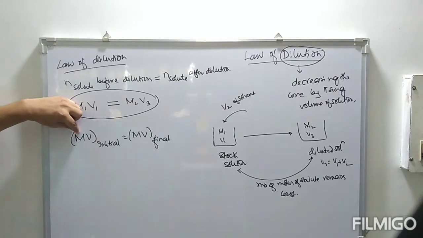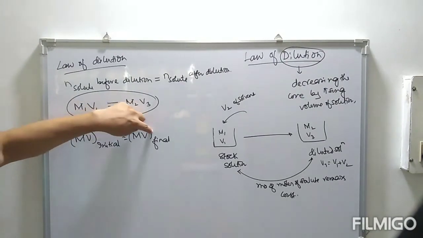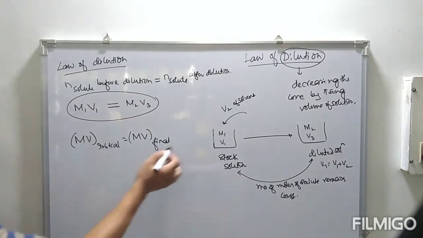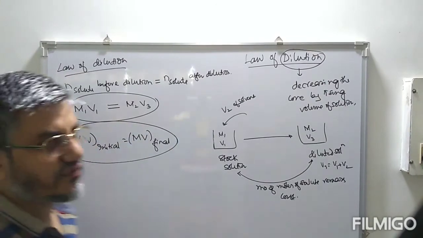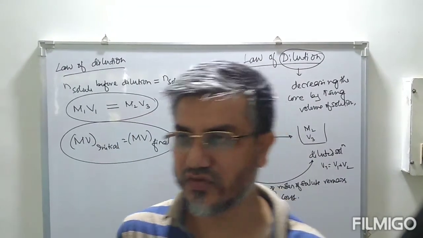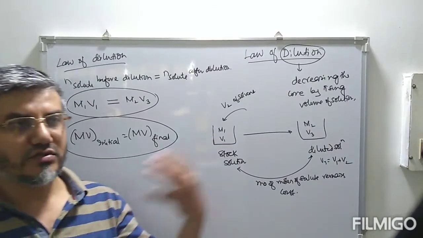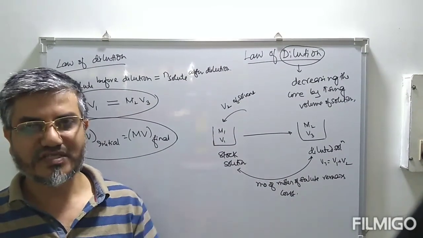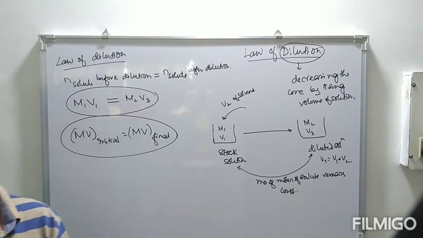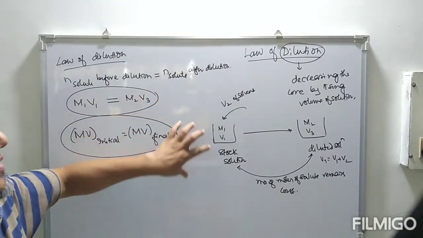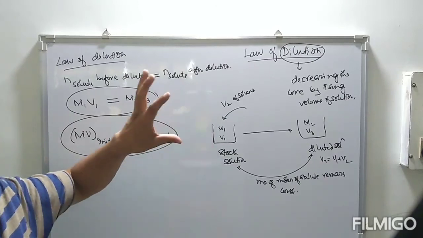So M1 V1 equals M2 V3. By use of this, we can find the concentration after dilution, and if the concentration after dilution is given, then we can find the final volume and how much volume is added to make up the final volume. So this is what we call the law of dilution.